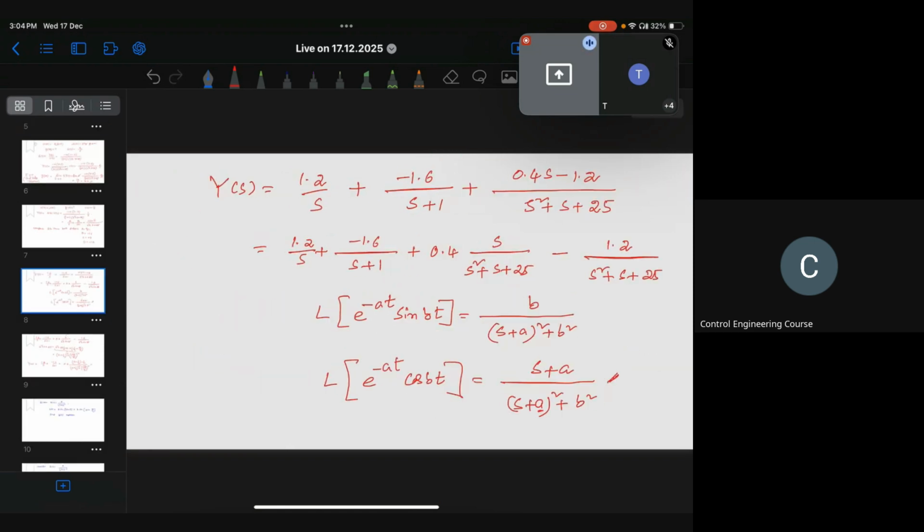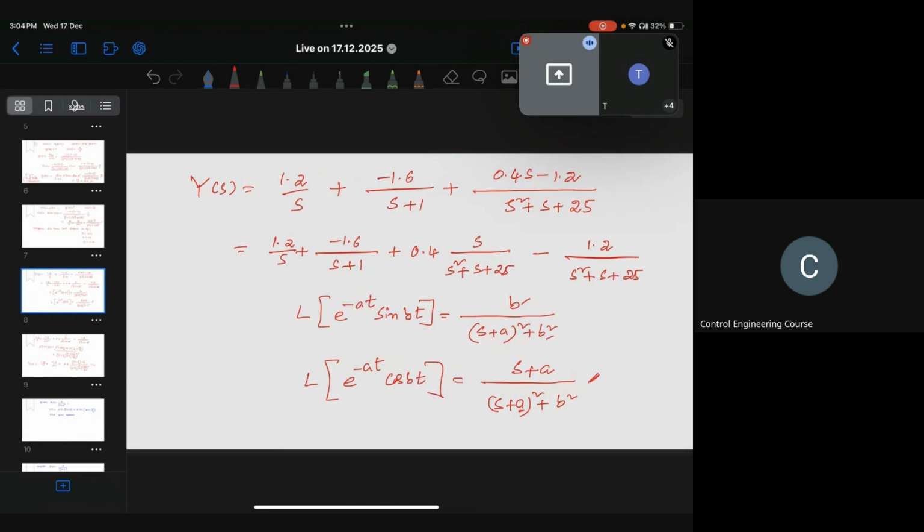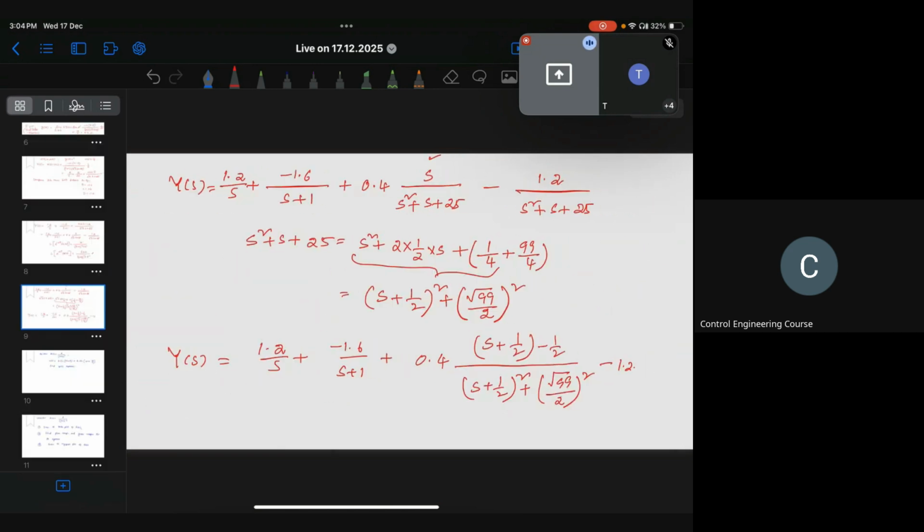There also we need to have b and b. So what we can do is, we can write b as what? b is this, so I'll move this one here.